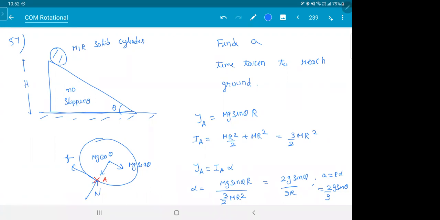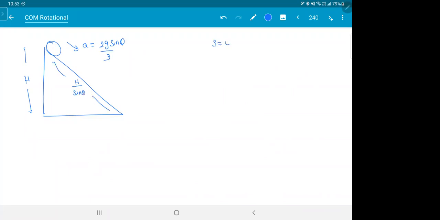I'll copy this page. Next one. What about the time? Now I know the acceleration, 2g sin theta by 3. I know this is h. What is the hypotenuse distance? h by sin theta. S is equal to ut plus half at square. Kinematics. S is h by sin theta, initial velocity is 0, acceleration is 2g sin theta by 3, and time square.